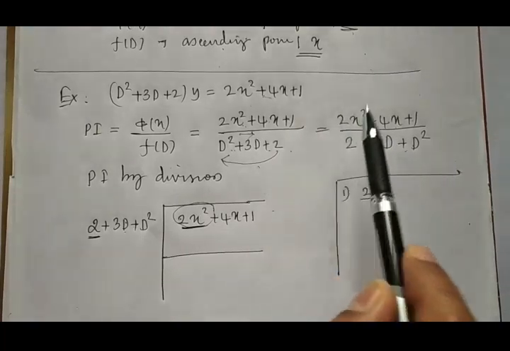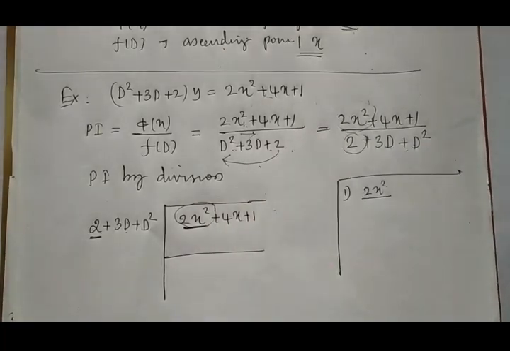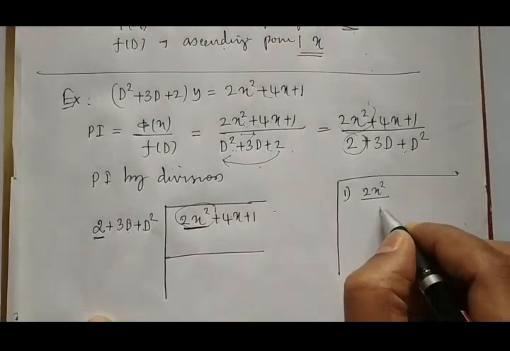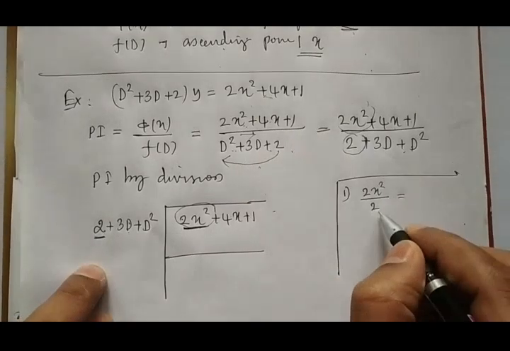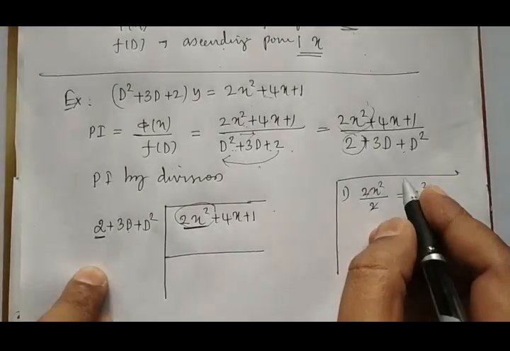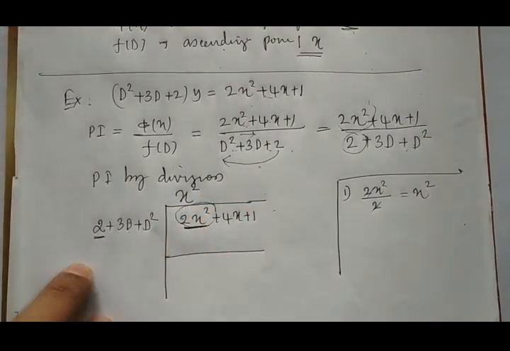The first term of the numerator divided by the first term of the denominator is to be taken. Then 2 gets cancelled, we get x square. That x square has to be written here in place of the quotient.